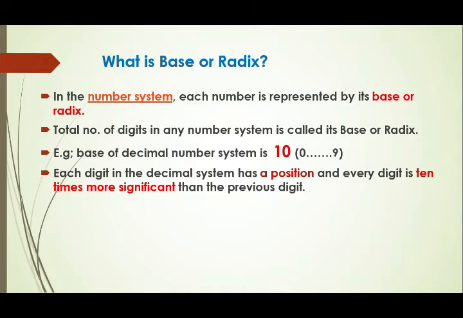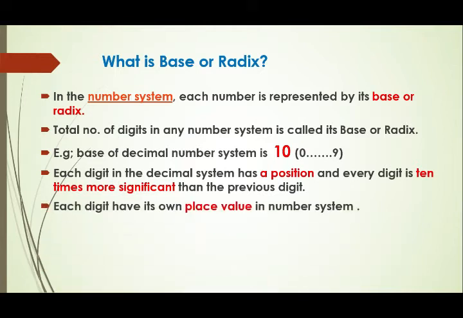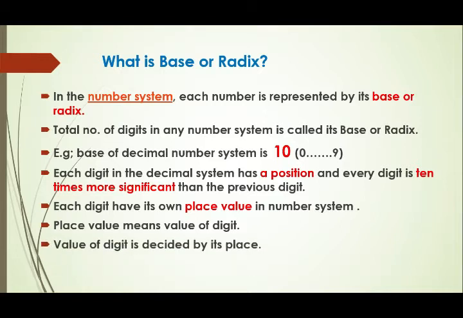Now each digit in the decimal number system has its position, and every digit is 10 times more significant than the previous digit. Each digit has its own place value in the number system. Place value means the value of the digit based on where it is placed.